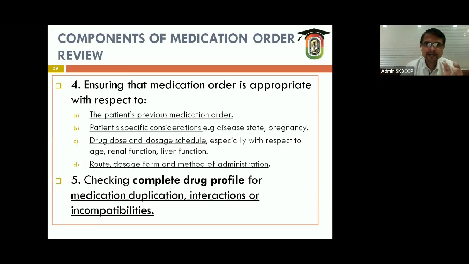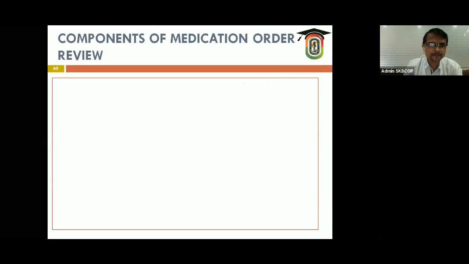So there might be some antacid associated with some combination of drug, and apart from that the physician has written some other antacid. So यहाँ पर duplication हुआ कि एक combination में भी antacid है और ये, so if there is something like that, that should be detected. Some interaction should be detected and the incompatibilities if the clinical pharmacist finds in the complete drug profile.